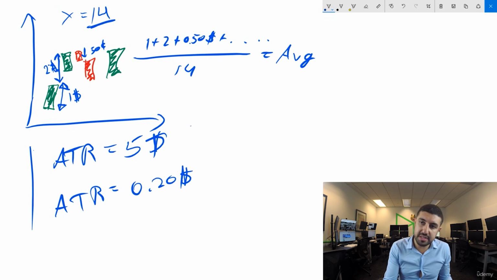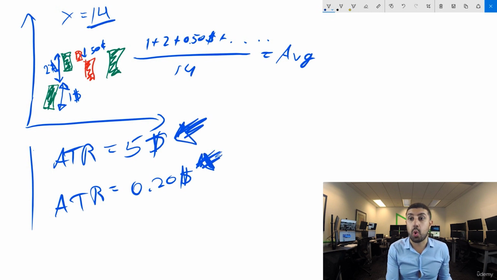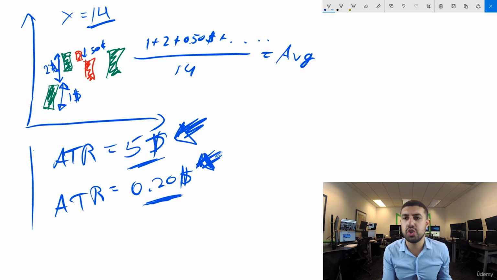The way you're going to trade this stock is not going to be the same way you're going to trade this stock. The amount of shares that you're going to buy in this stock is not going to be the same amount of shares that you're going to buy in this stock. Why? Because this is way more risky, can move way more.